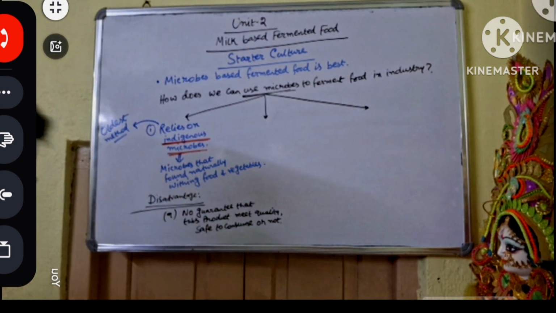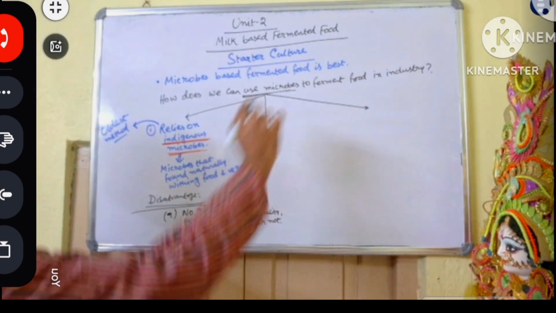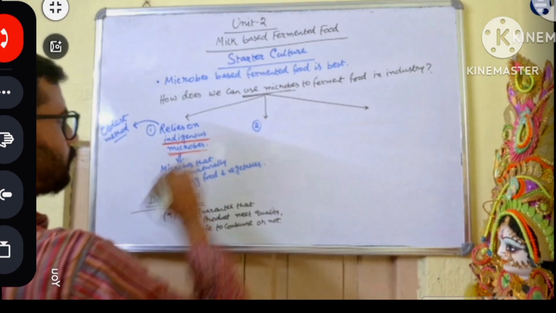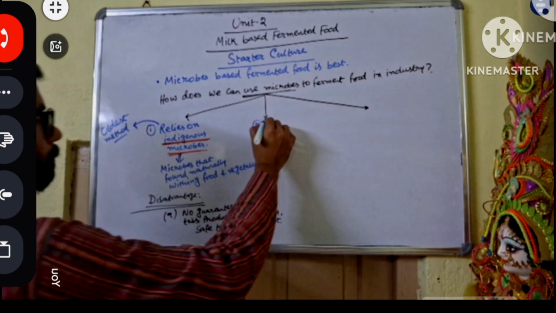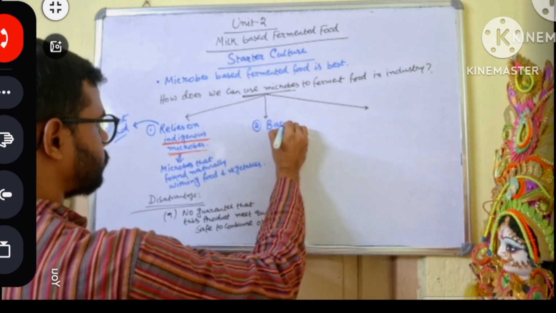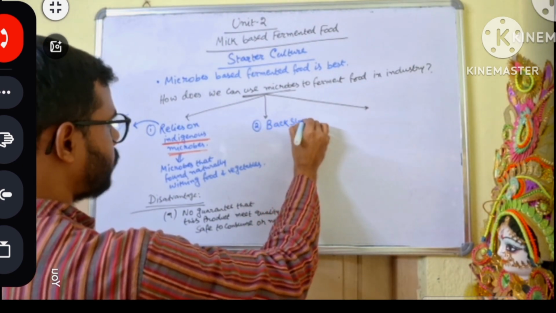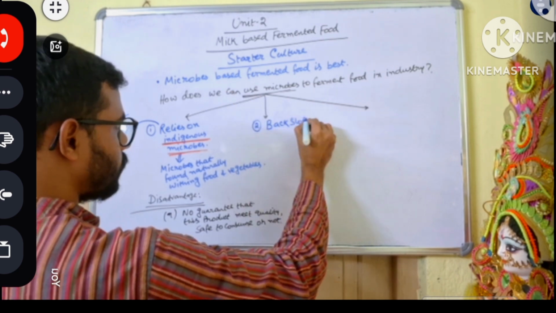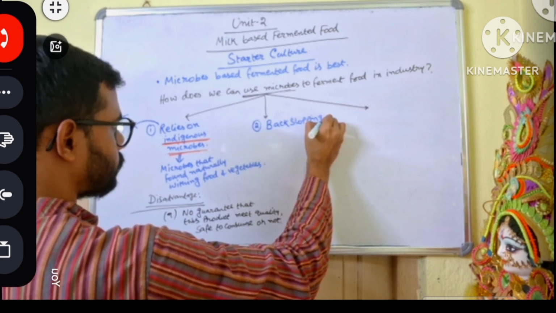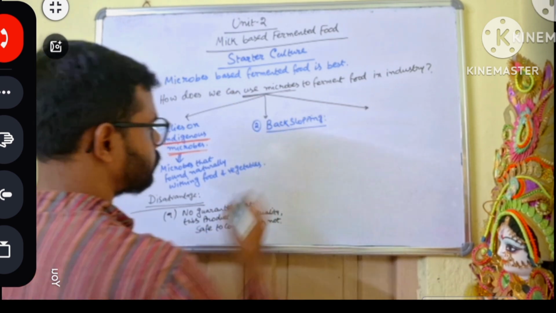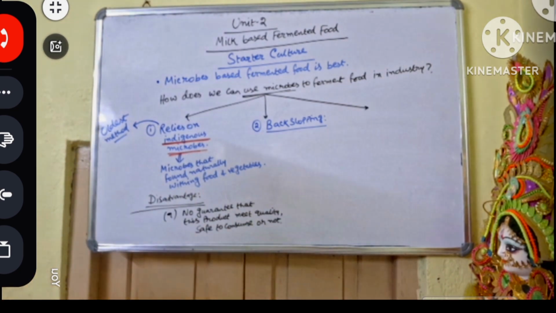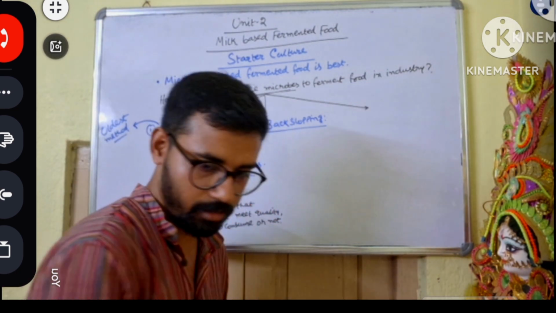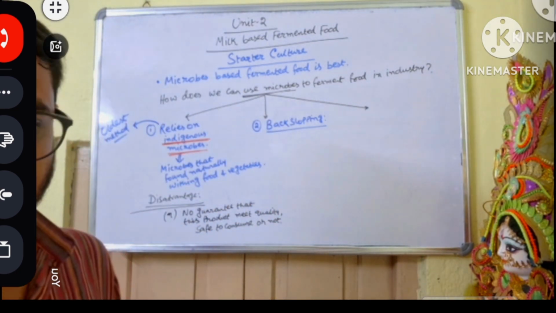Okay. Point number two. To start fermentation, this is another process, back slopping. Back slopping, not black, back, B-A-C-K slopping. Favorite question, what is back slopping in fermented food product?